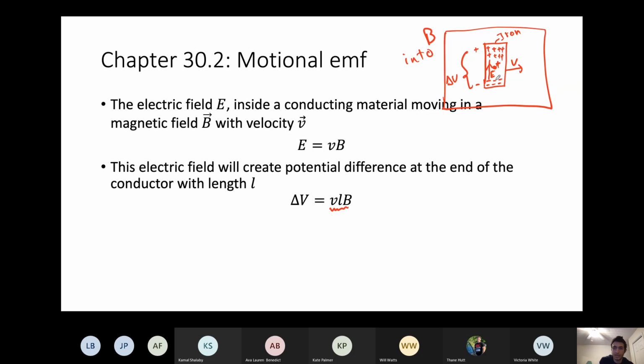If you have the material with a length of L, then your potential difference would be vLB, because if you remember, E is equal to V over L. The further away the charges get from each other, the more buildup and the more potential there is. So delta V is equal to vLB.